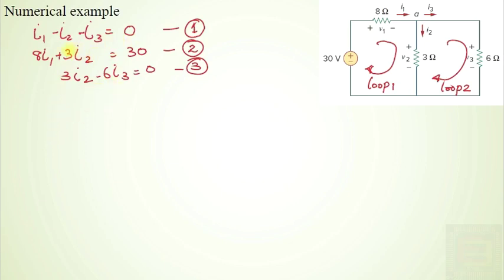According to Cramer's rule, if you rearrange this in matrix form, the variables are I1, I2, I3, and on the right side you have 0, 30, 0.